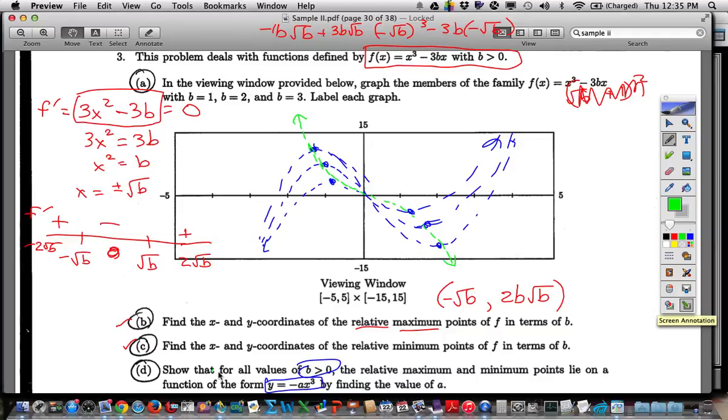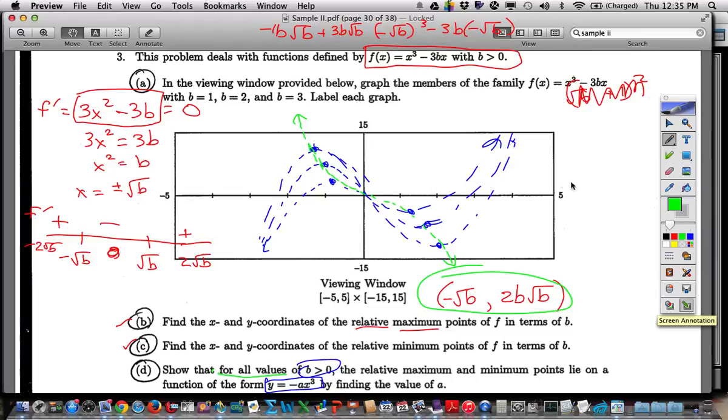But they do say for all values. So you put a 1 in for B, a 2 in for B, and a 3 in for B, found these points and showed that they fit here. But how about just take this, because isn't this all of the max points? How about take this and put it in to there?